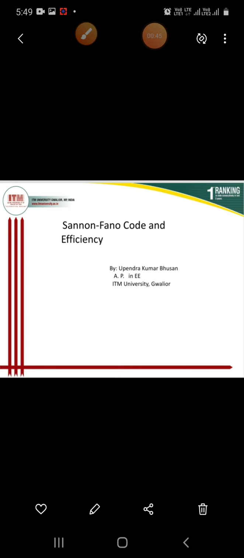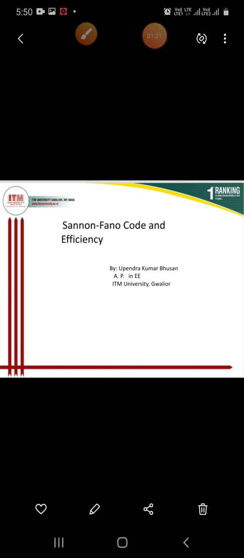Now, I want to talk about Shannon Fano code. In my last class I told you that we have to discuss two algorithms which are used to find out the variable length coding technique.